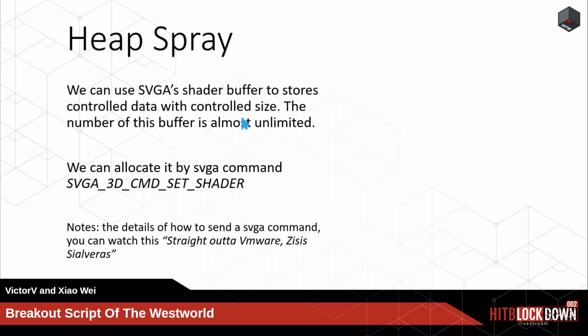We can decide its content and size, and we can release it at any time. However, we can't change its content after the memory is allocated. For the details of sending an SVGA command, you can watch this presentation. They did a great job explaining the details, so we don't need to go over it now.